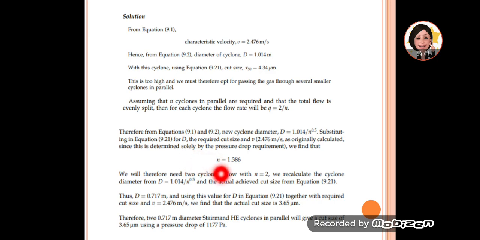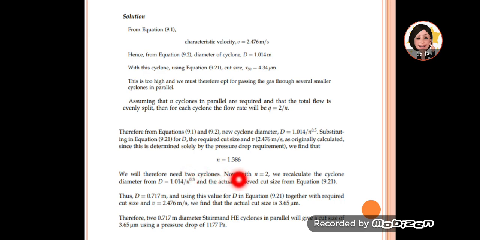Now with n equal to 2, we reverse calculate. We can calculate the cyclone diameter from this equation and get the actual achieved cut size for this diameter. If n is 2, the diameter becomes 0.717, and V remains the same because it is not affected by the diameter.